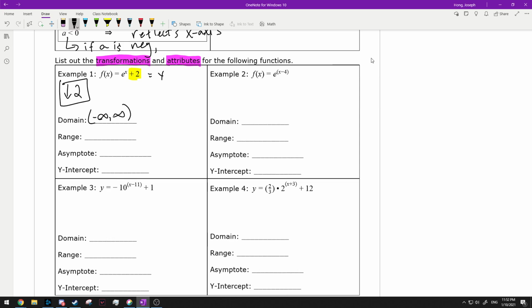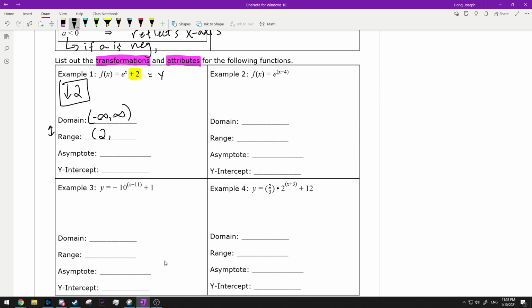And the reason why is because my range is talking about up and down. So what happens is that I'm going to make my range adjusted to the y, or this addition part right here, the transformation.